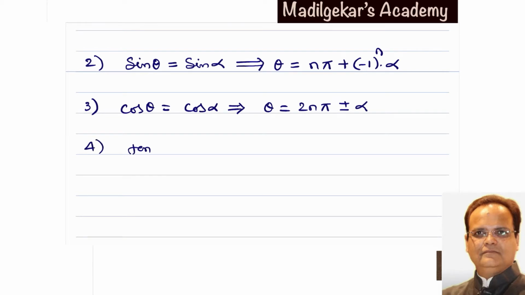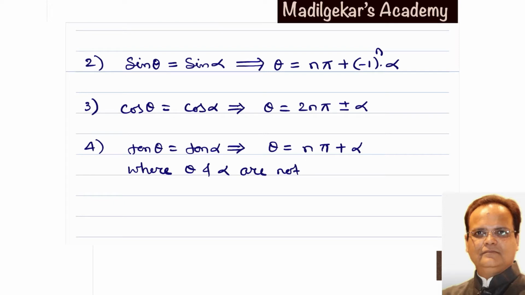Next, if tan theta equals tan alpha, then theta is n pi plus alpha, where theta and alpha are not odd multiples of pi by 2, because if they are odd multiples then tan theta is not defined.